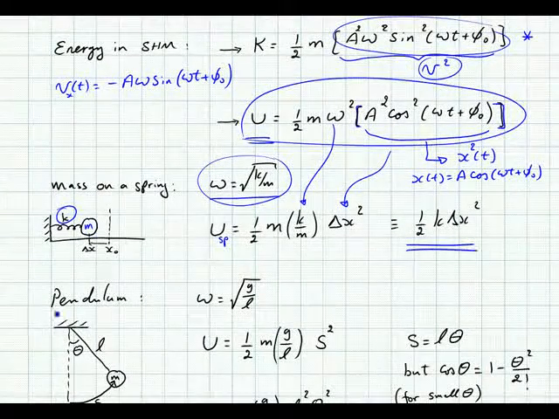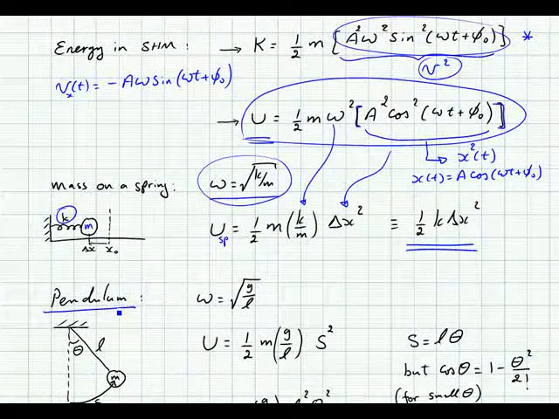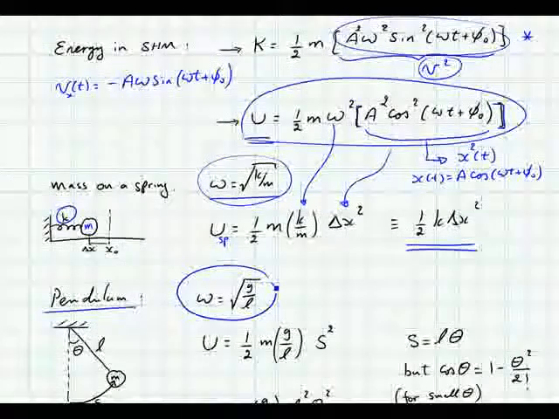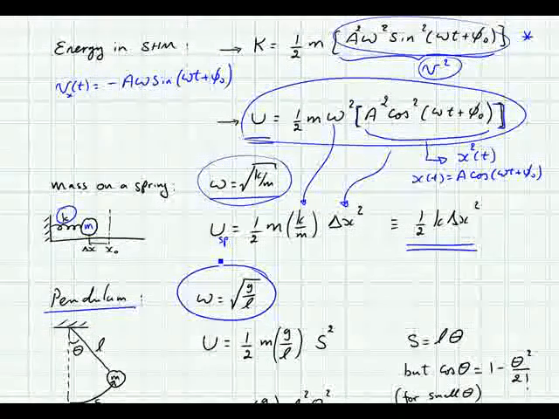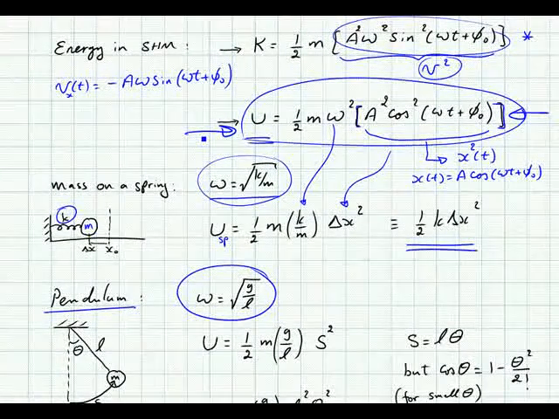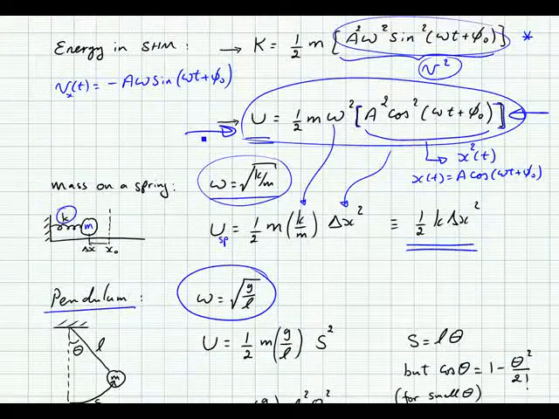Now taking a look at the system involving a pendulum. In the pendulum we showed that angular frequency is given by the square root of g over L. So once again, let's take the expression for the potential energy from up here and substitute in for omega.